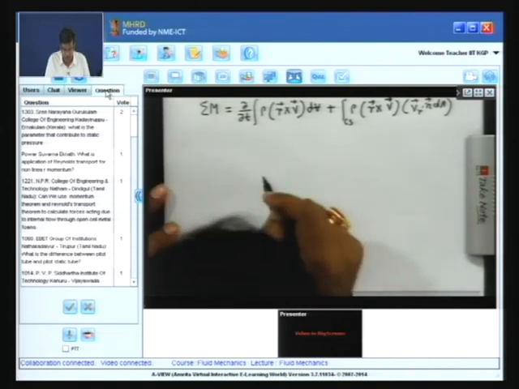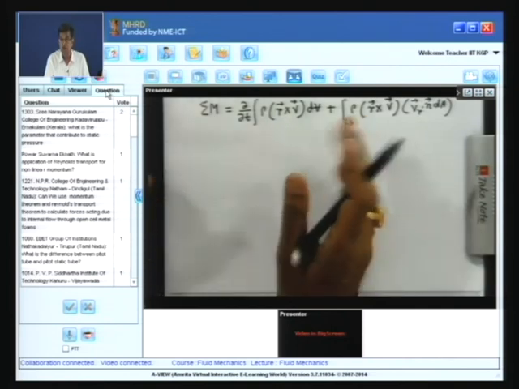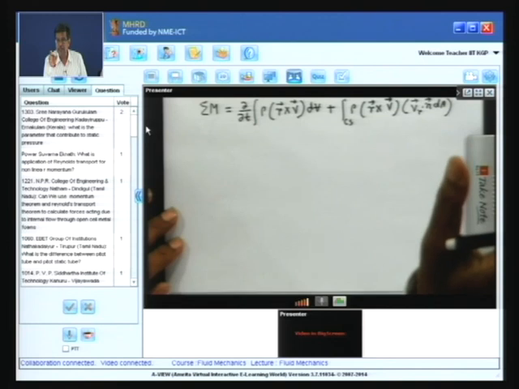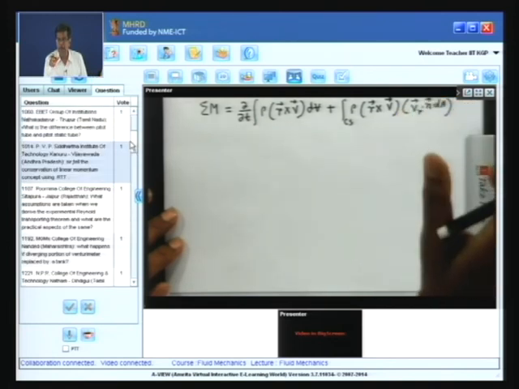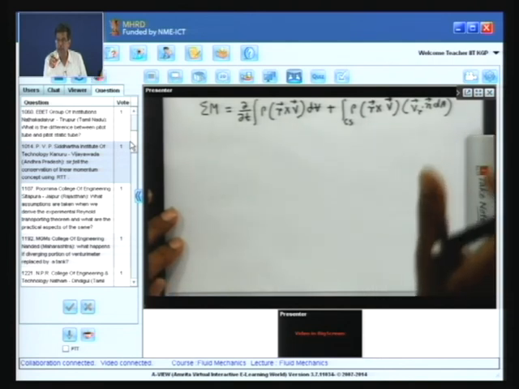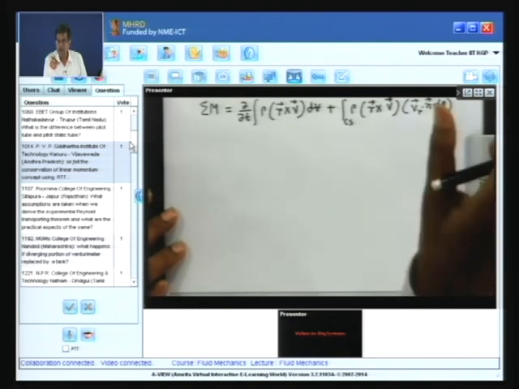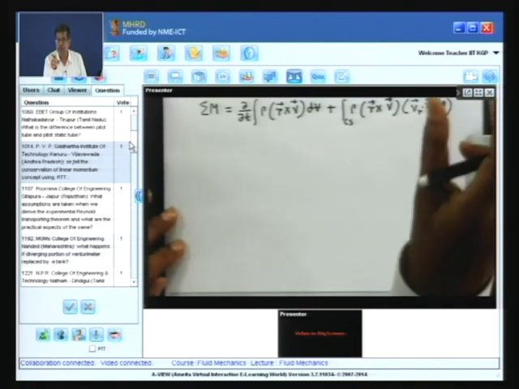Now, what happens if I change it to a moving frame of reference? One thing I tell you: when I derived the linear momentum conservation, we took a frame of reference which is only accelerating. This is because, for our simplicity of analysis, we want to describe every parameter with respect to the control volume.